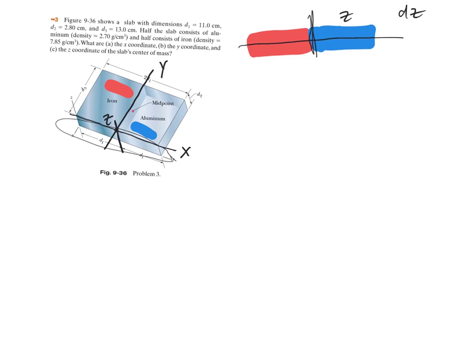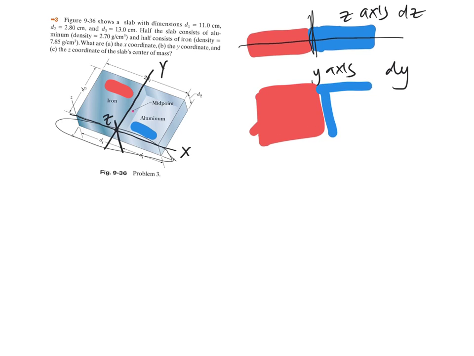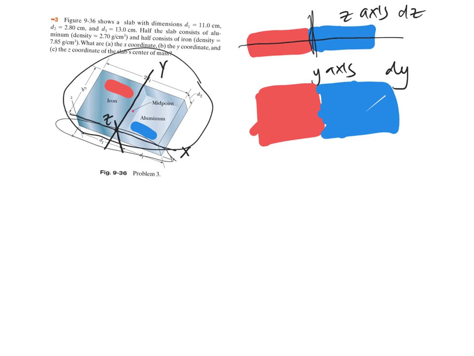So this is the z-axis. And then using the same logic, if we look at the y-axis, so dy, we're going to once again draw colors. For the y-axis, you're looking at the top view. So here you go, this is the y-axis. We're looking at this view, and the y-axis is down here.